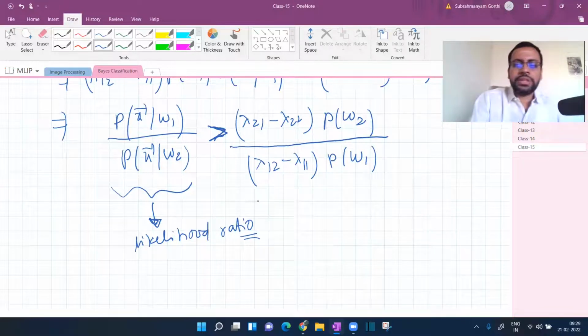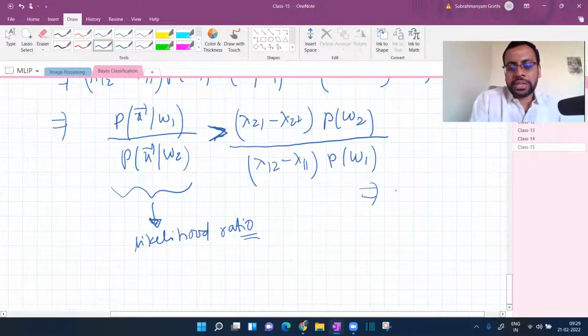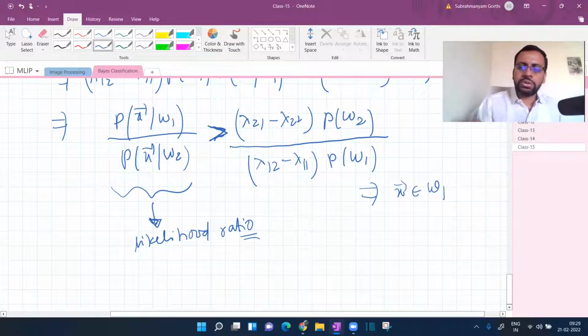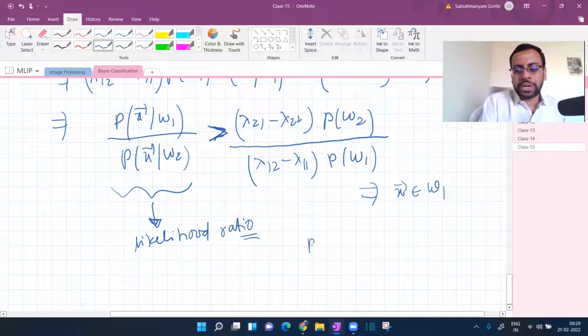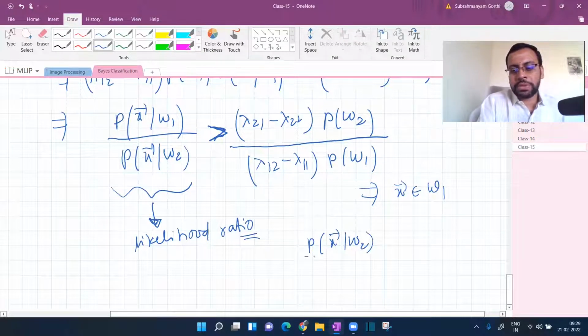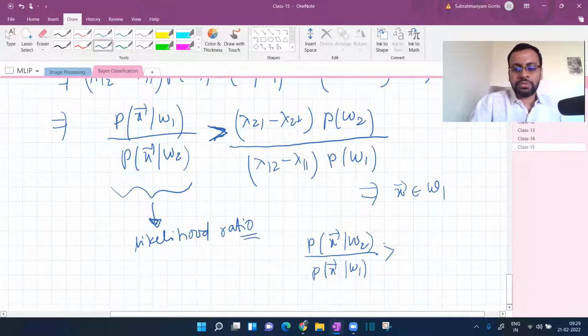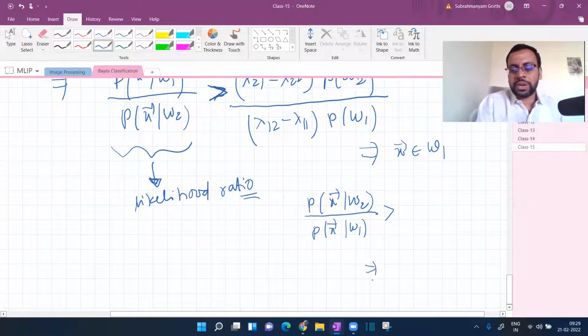If this is the case, then you would assign x bar to omega 1. So you could write it in whatever way you want. Suppose you are getting this less than, I still want to make it greater than, so I will take the inverse of it again. So if probability of x bar given omega 2 over this is greater than, then I want to write something where I would assign it to omega 2.